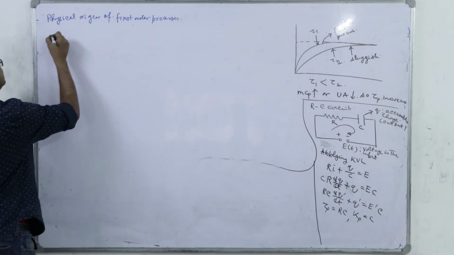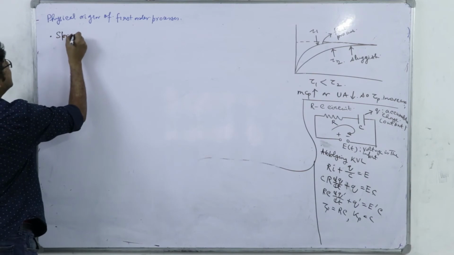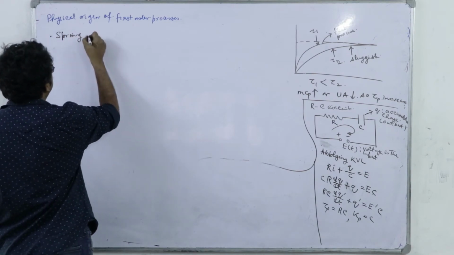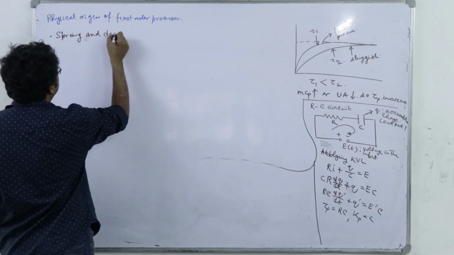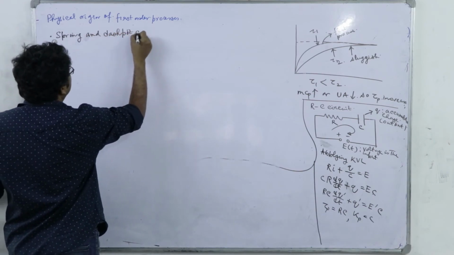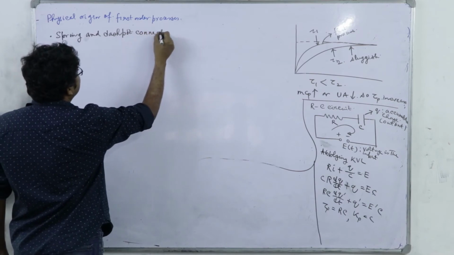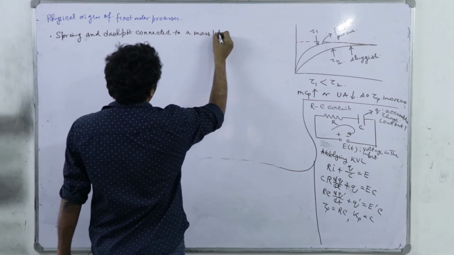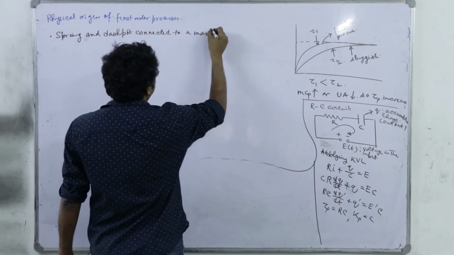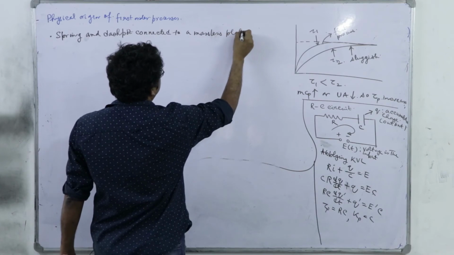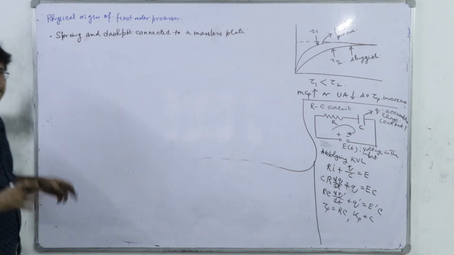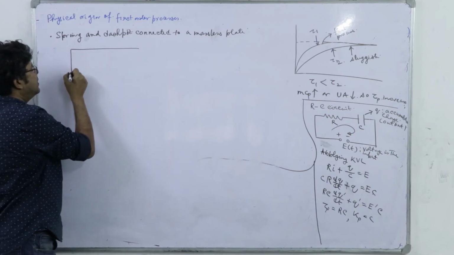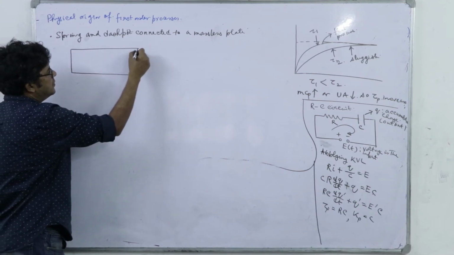The system is a spring and dashpot connected to a massless plate. Now what is a dashpot? A dashpot is a theoretical object quite similar to what we notice in door closures.